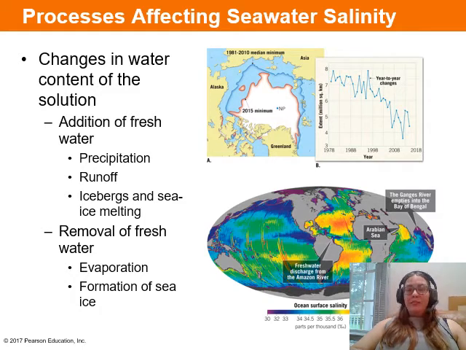We're increasing the amount of water, but we're not adding in more salts. And we're going to be able to add in fresh water from things like precipitation. And eventually that rain is going to move off the continents as our continental runoff. And all continental runoff eventually makes its way back into the oceans.